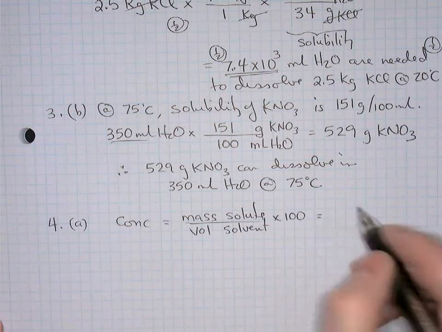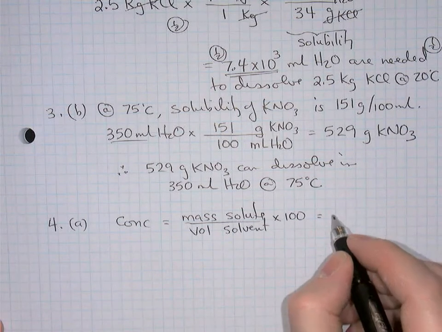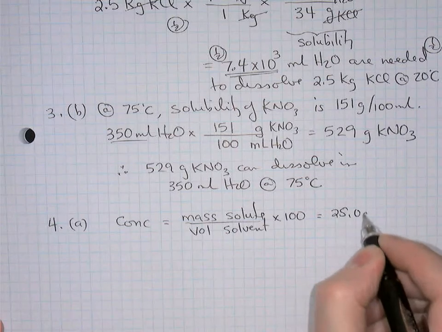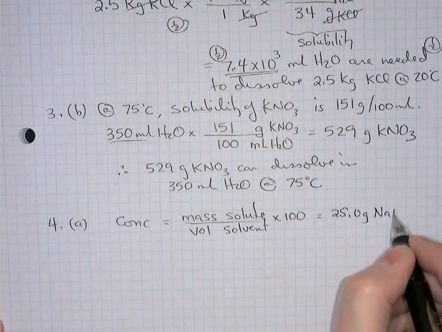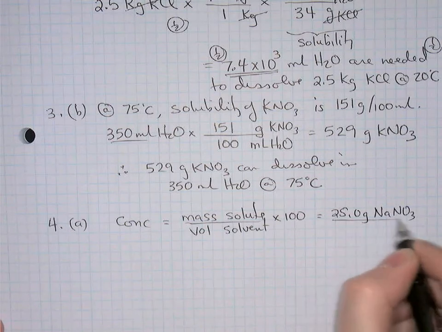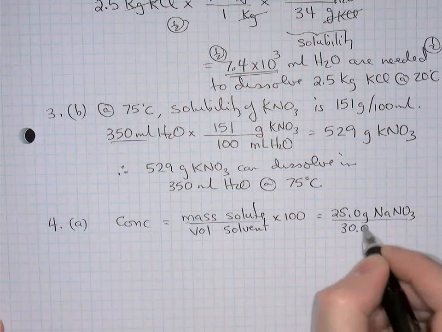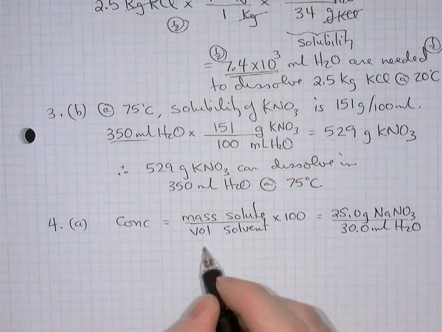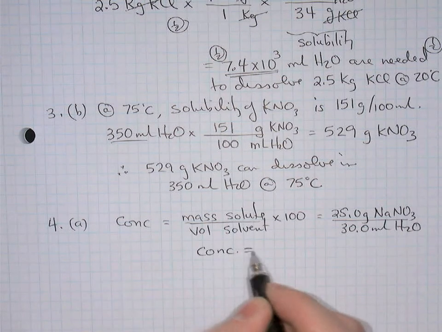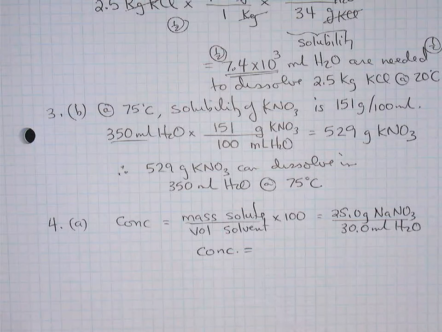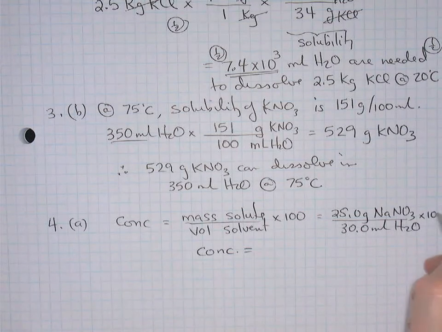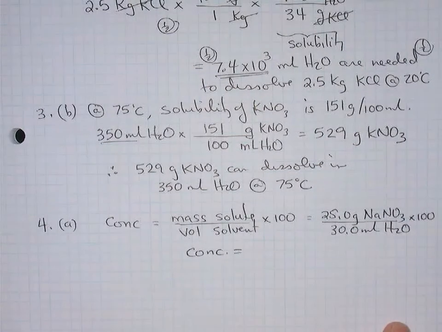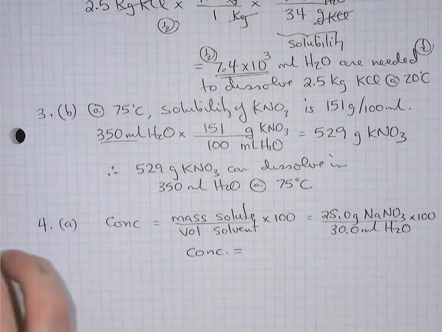So we'll take the mass of the salt was 25.0 grams of sodium nitrate. The volume of the water was 30.0 milliliters of water. And using correct number of significant digits, the concentration will be, multiply by 100, right? So that we're going to express it as per 100 mils.